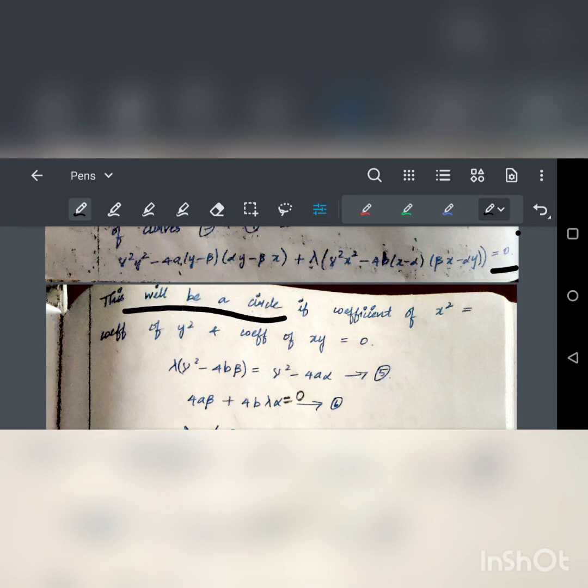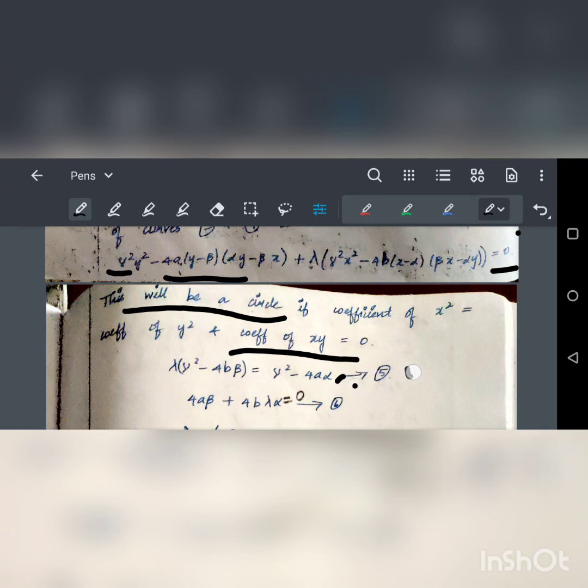A given curve will be a circle only when the coefficients of x square and y square are the same, and another condition is that there should not be any xy term, so the coefficient of xy should be equal to 0. So when you collect the coefficient of x square and y square here, gamma square plus, here you have minus 4a gamma, and plus lambda times the coefficient of y square.